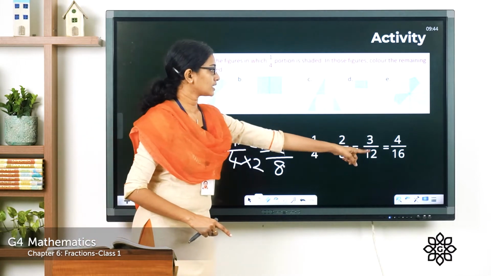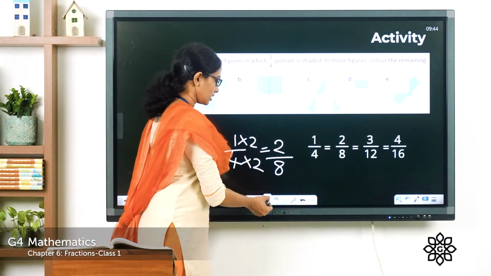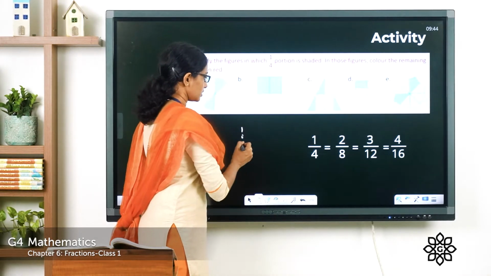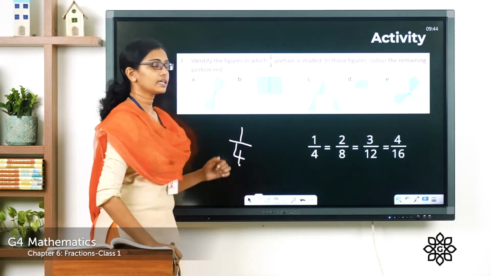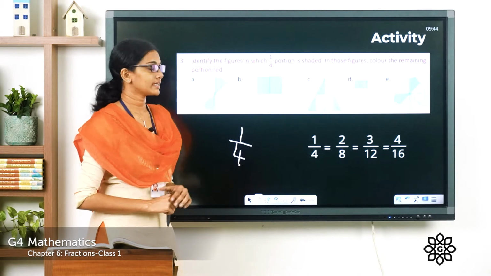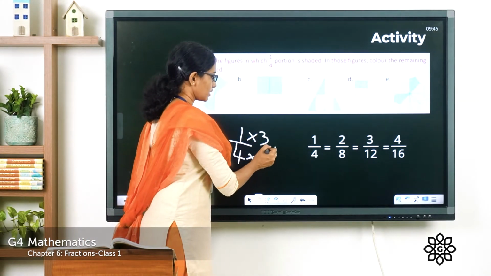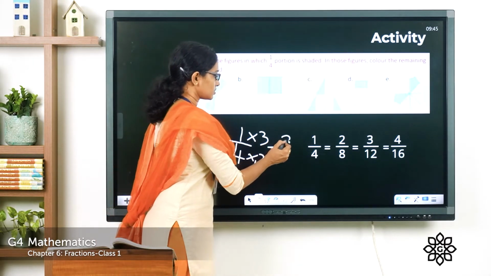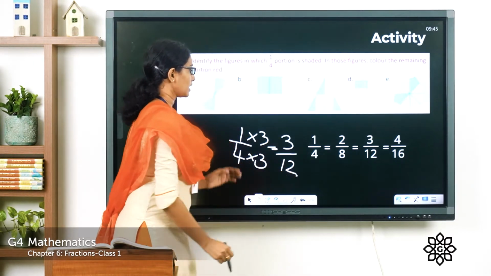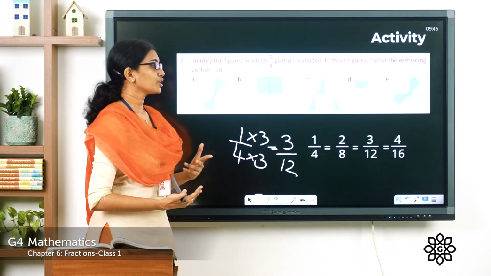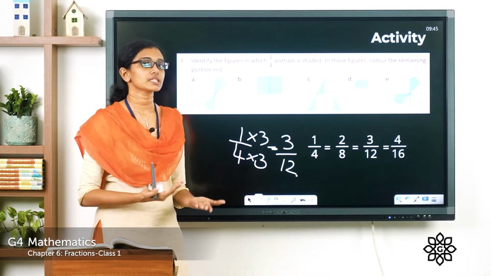See the third fraction here. What if I multiply both the numerator and denominator with 3, 1 into 3 by 4 into 3. Again, I get 3 by 12, and here also the value of the fraction does not change. So what do you call the fractions that have the same value?